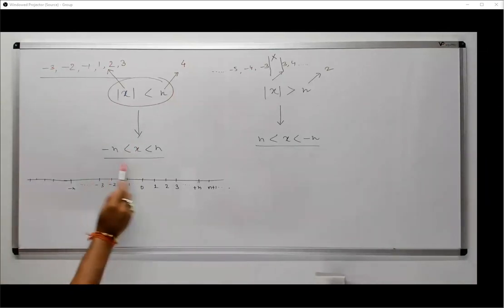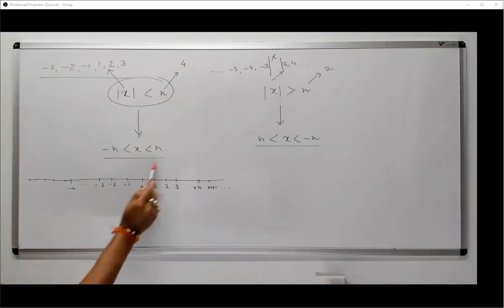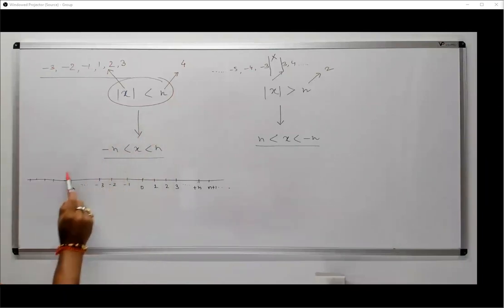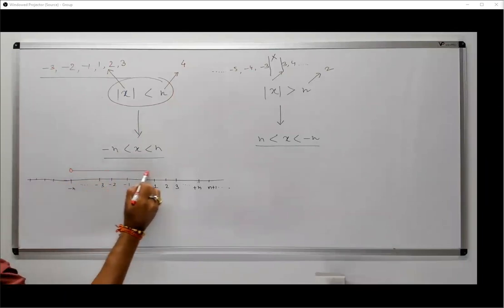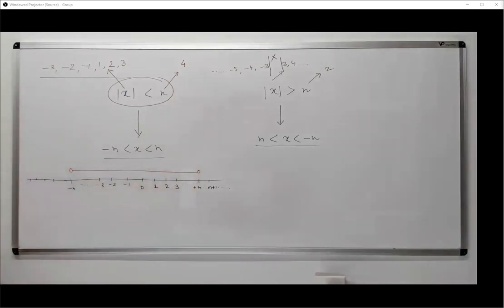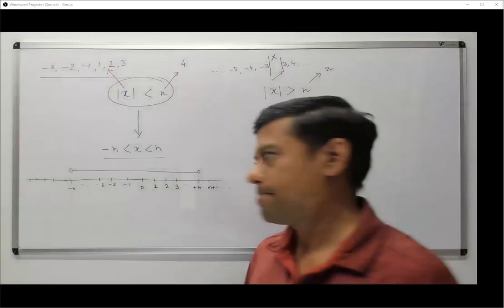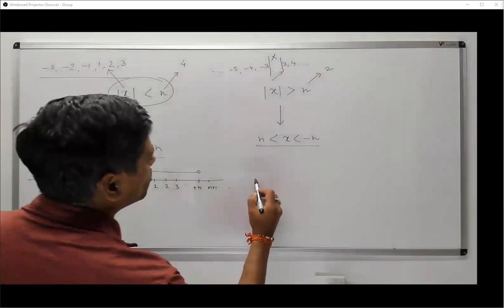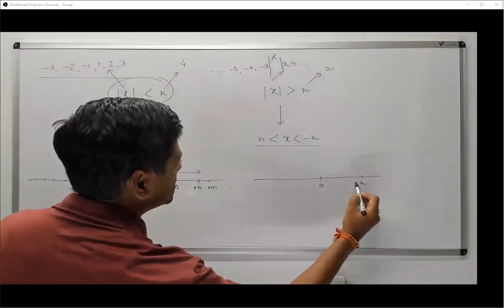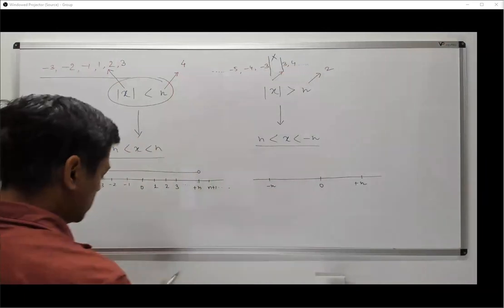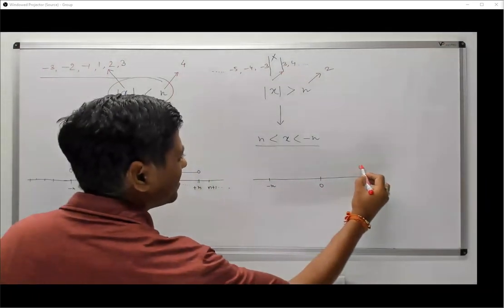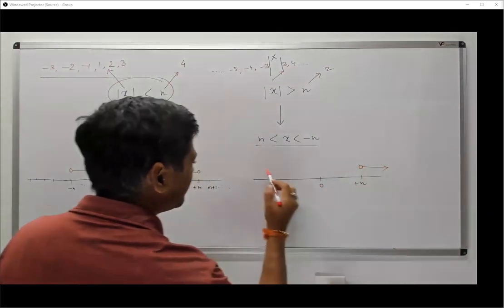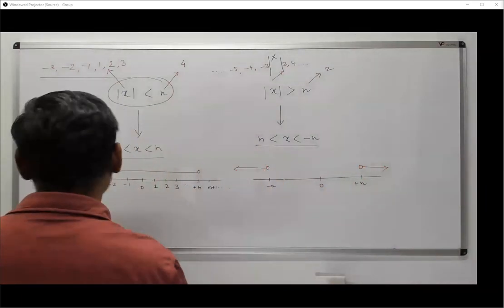So if you plot this particular expression on the number line, you will see that the graph looks like this. Similarly, if you want to draw this one, let's say this is 0, this is positive n, this is negative n. Then the graph will start from here towards the end, and start from here towards the end.